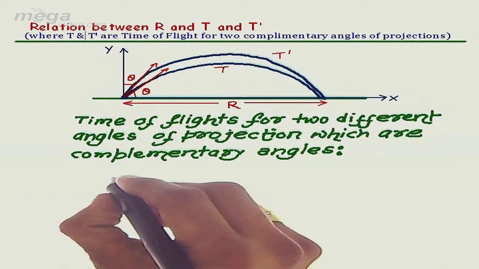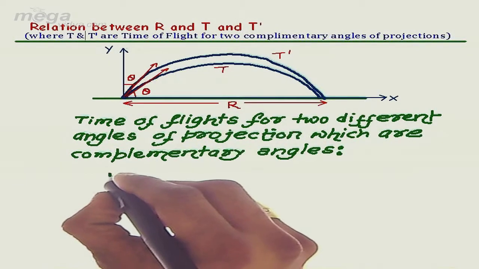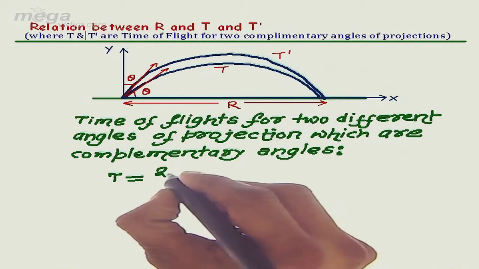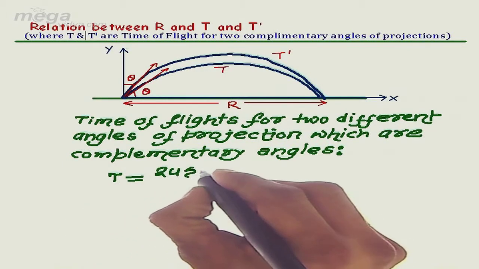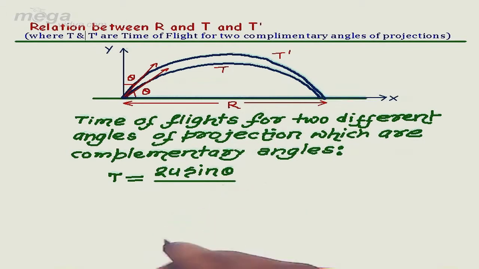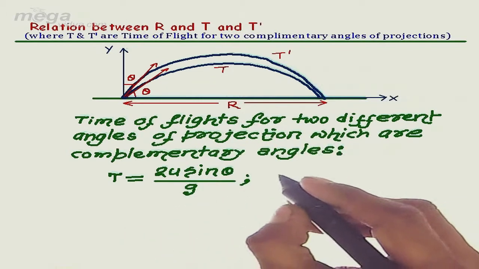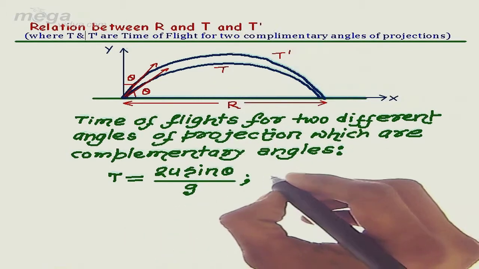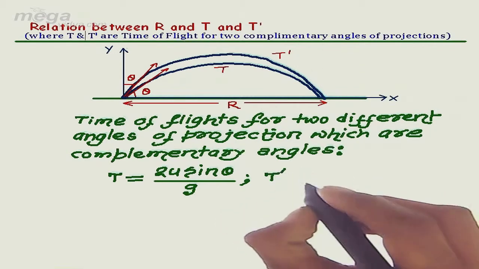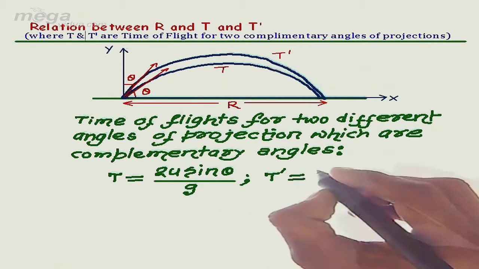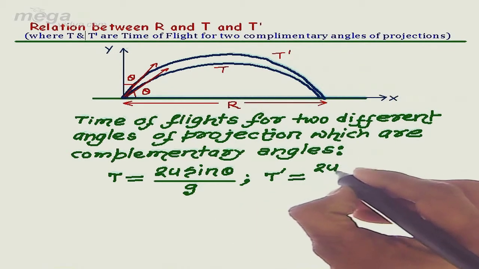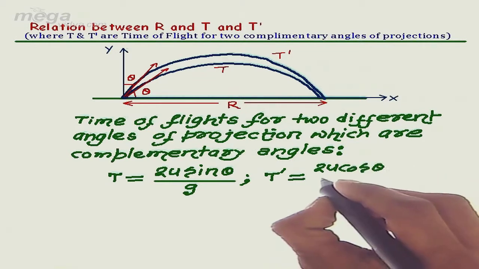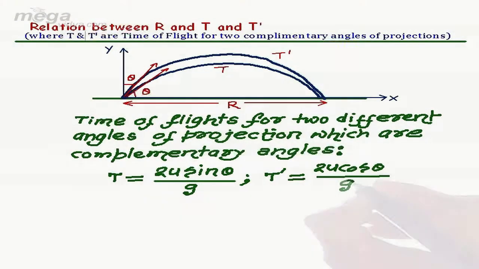So time of flight for angle theta is T equal to 2u sine theta divided by g. While for angle of projection 90 minus theta, the time of flight T dash can be written as 2u cos theta divided by g.